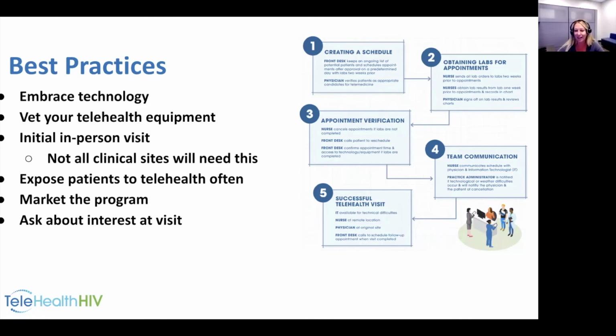Don't just have telehealth for a patient one time and not make them use it again for another year. Let them use it often so that they can start to navigate and think about what they are able to do for themselves. And with that, I will leave you with this information so that you're able to use it, but we're happy to answer any questions that you have right now.